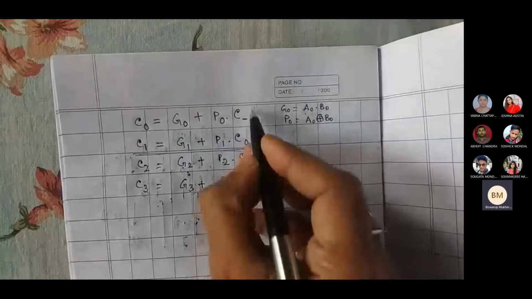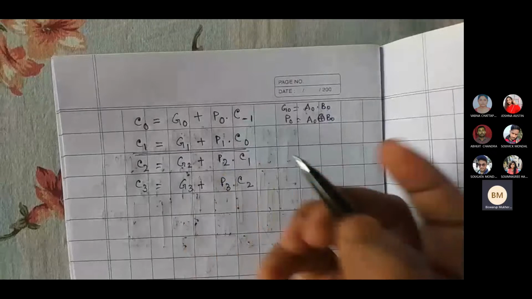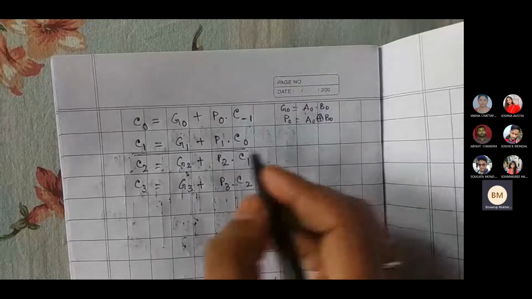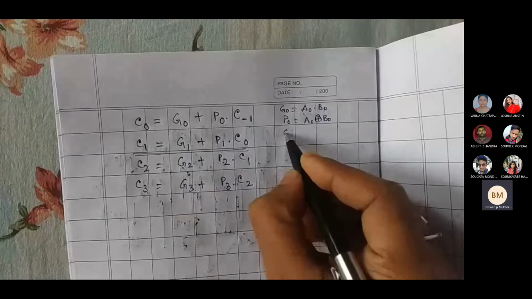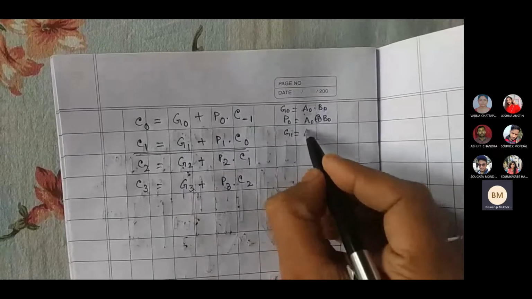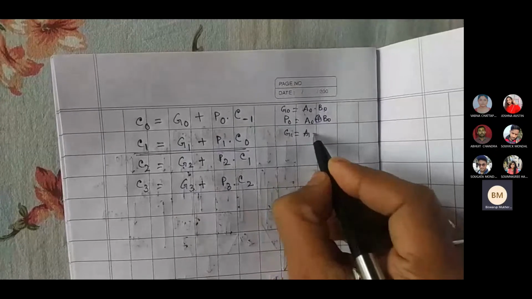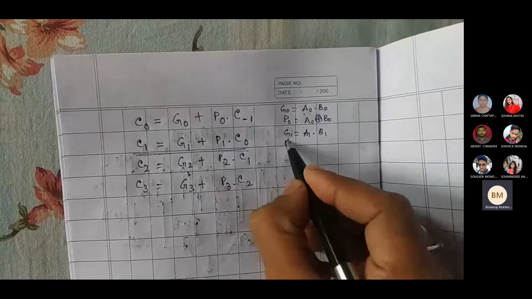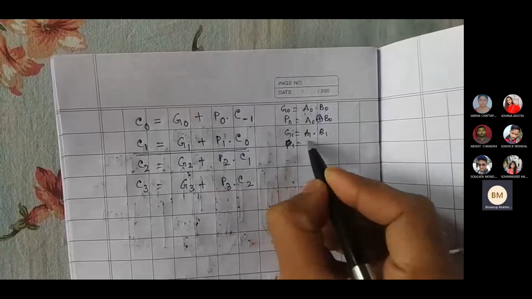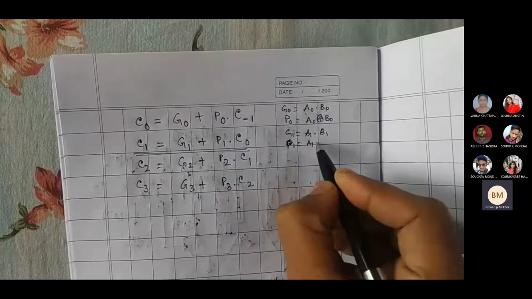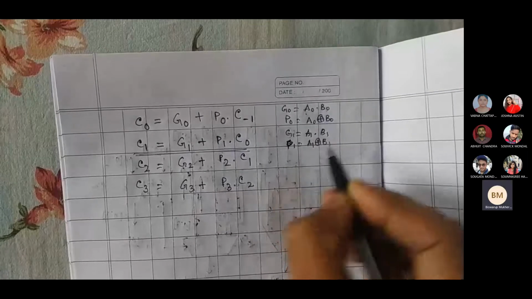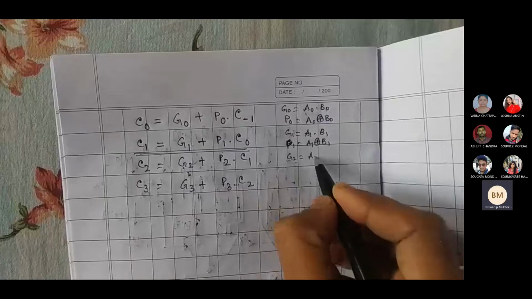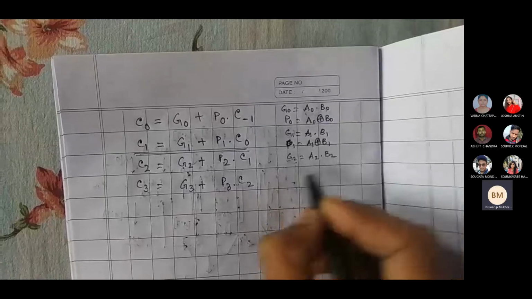Okay. C minus 1 is the initial carry, right? So that is the first one. Similarly, G1 here is A1 dot B1, and P1 is equal to A1 XOR B1, right? G2 is equal to A2 dot B2.